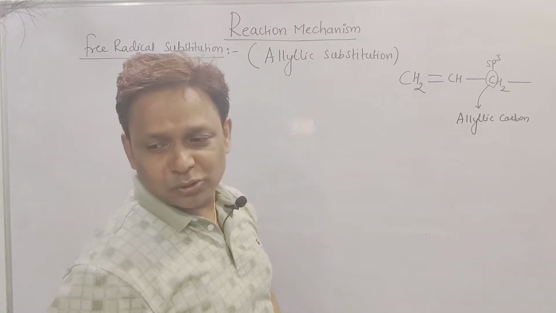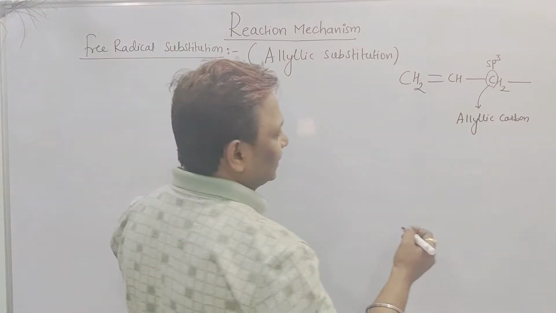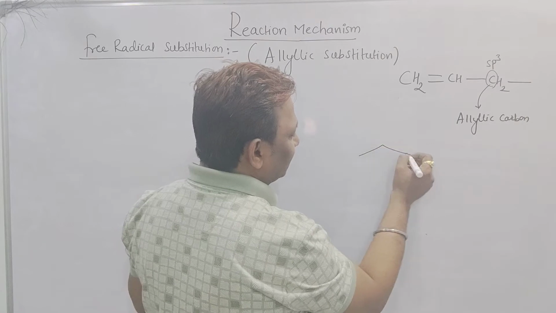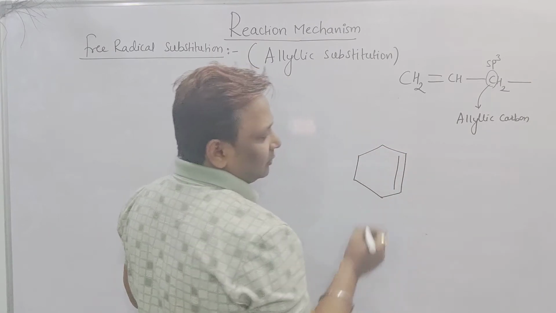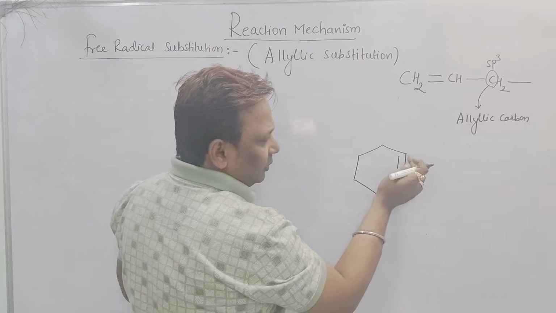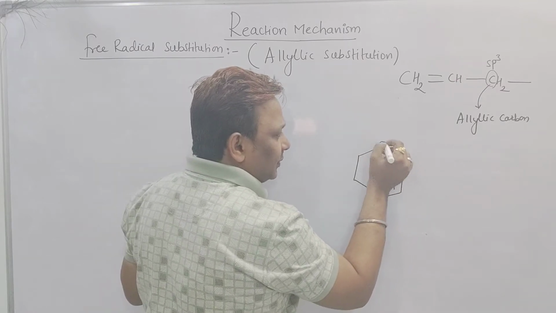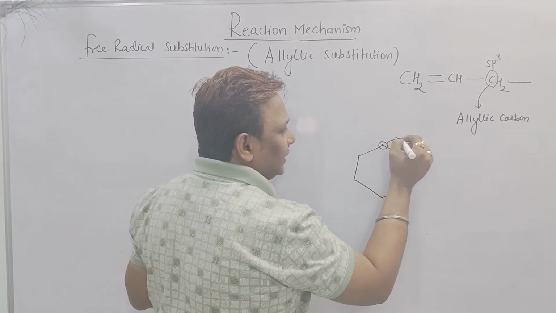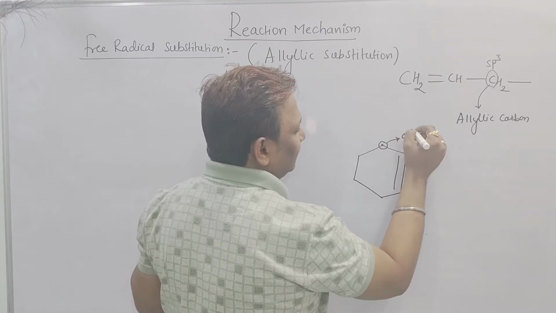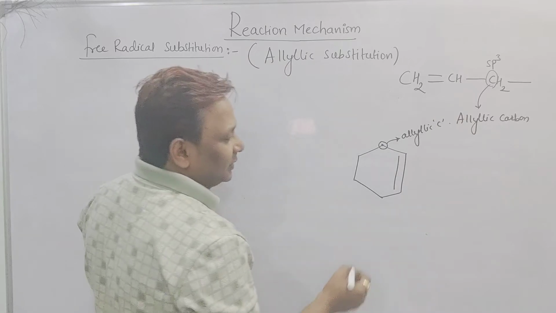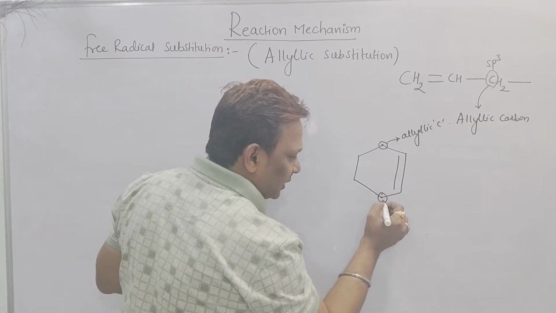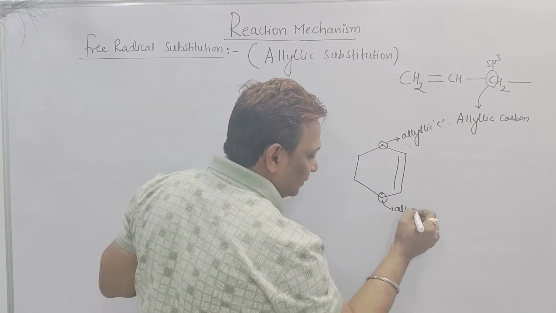One example I want to show you for the allylic carbon. Suppose it is a ring with a double bond. A carbon attached to a double bonded carbon is called an allylic carbon. This carbon is called an allylic carbon.